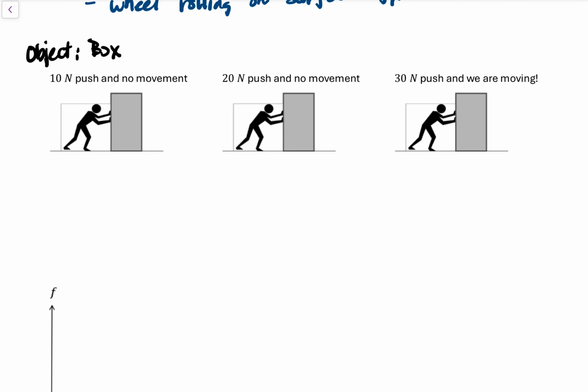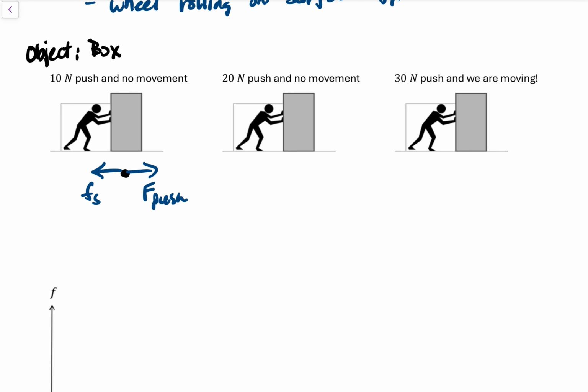If we think about what a diagram might look like here, I might say I have some F push that's going this way. This is the person pushing on the box. But if the box isn't moving, there must be some force opposing that motion. This is what we call static friction. If that box is not moving, it's static, not kinetic friction.